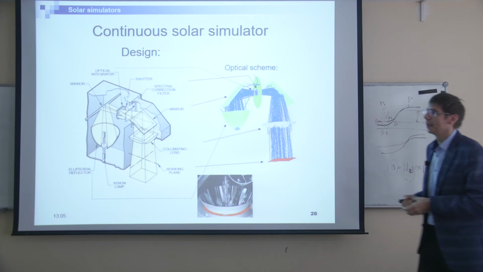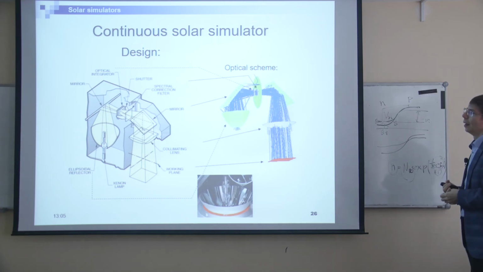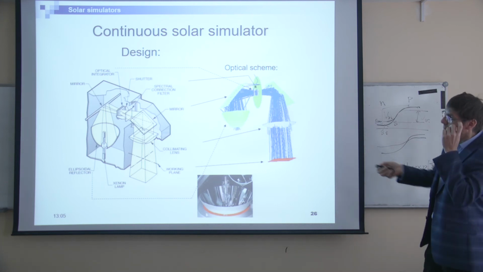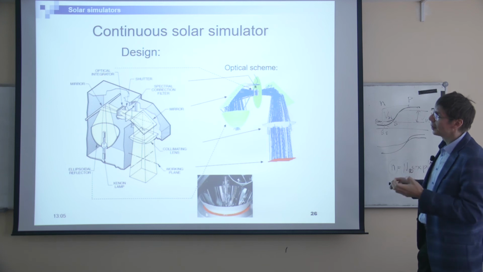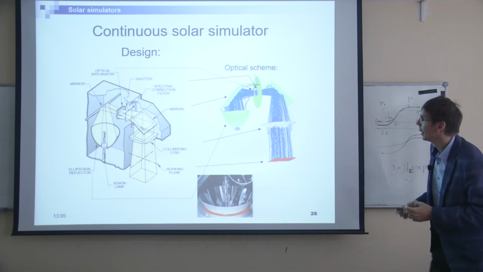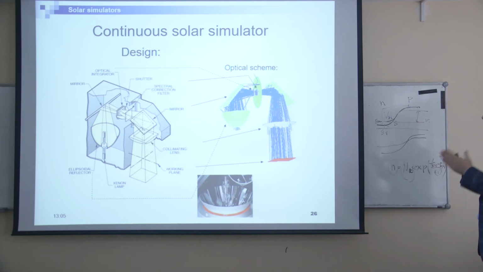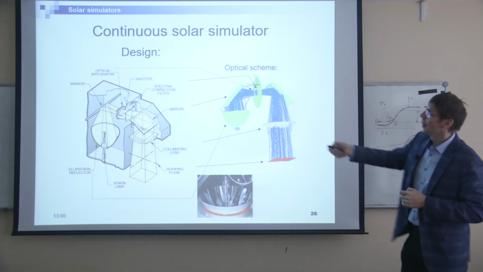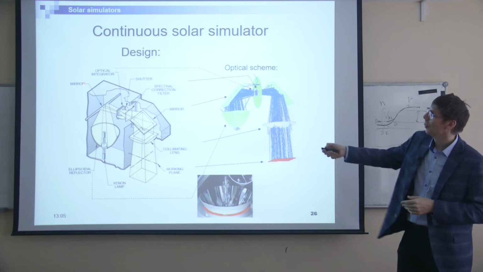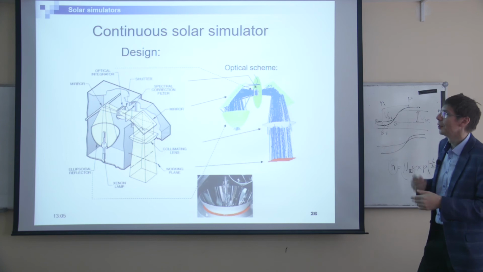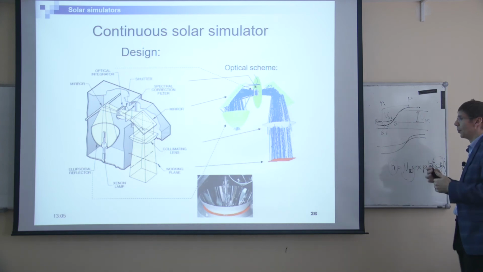It produces the solar light. Then, using an ellipsoidal reflector, you can get an almost parallel beam of light, and it goes through a very important thing which is called the optical integrator, or sometimes the homogenizer.